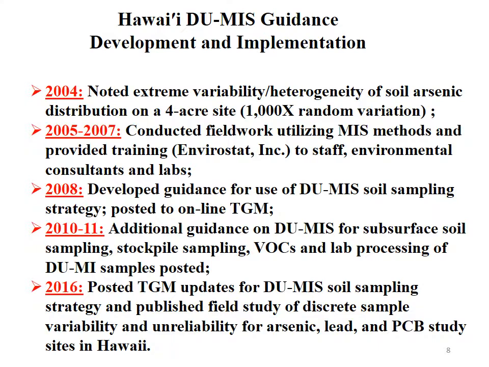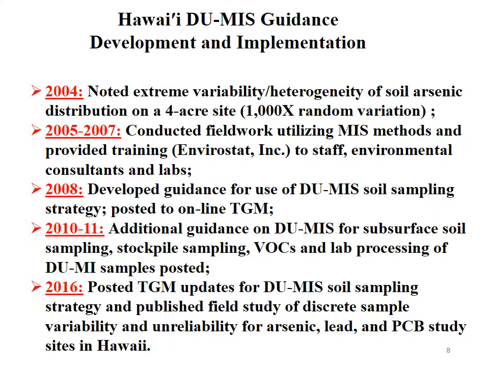Of special note is also in 2006, the EPA analytical method 8330B for explosives was published, and this is the first and only, so far, EPA analytical method that incorporates guidance for use of MIS methods in both the lab and the field collection of samples.